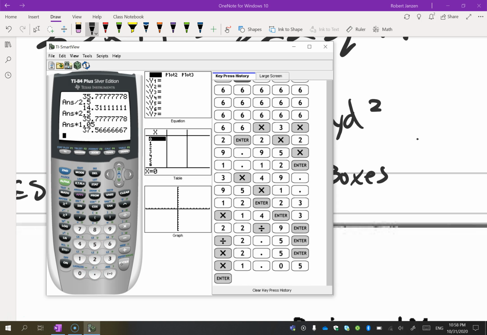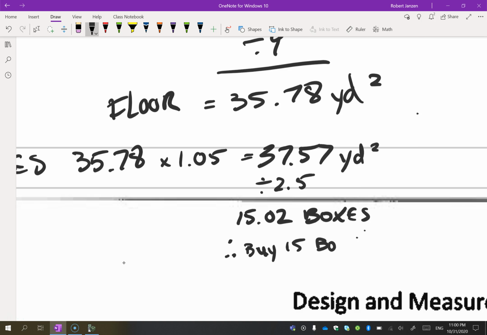Would you buy 16 boxes knowing that you've already accounted for 5% extra? You might just say, you know what, I'm just going to buy 15 boxes. Now there's a couple things to consider there. Do you think you're going to have a lot of waste? Then you should buy 16 boxes.